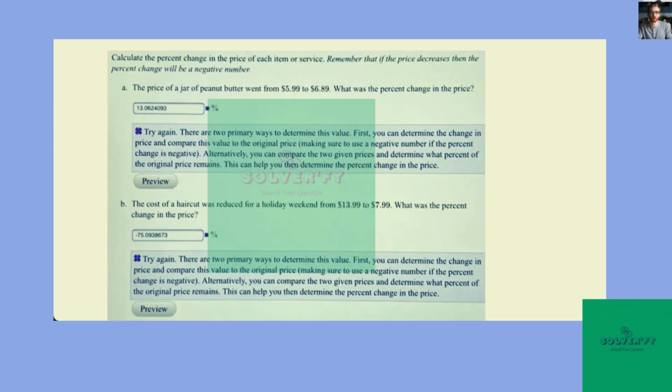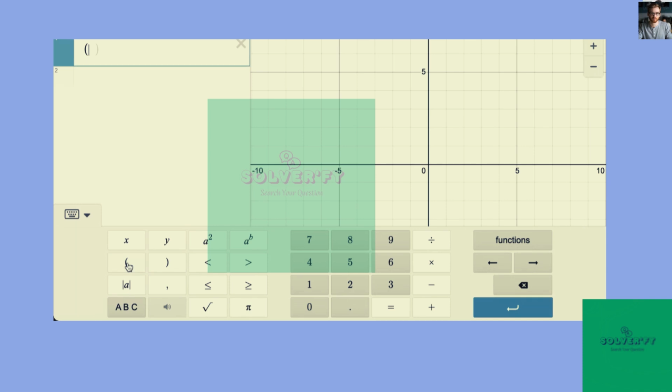Let's see where we might have gone wrong here. So price percent change is the amount of change. We're increasing from 599 to 689, compared with the 599 that we started with. Let's see what that would look like. 689 minus 599 would be a change of 0.9, or 90 cents, compared to where I started at 599.